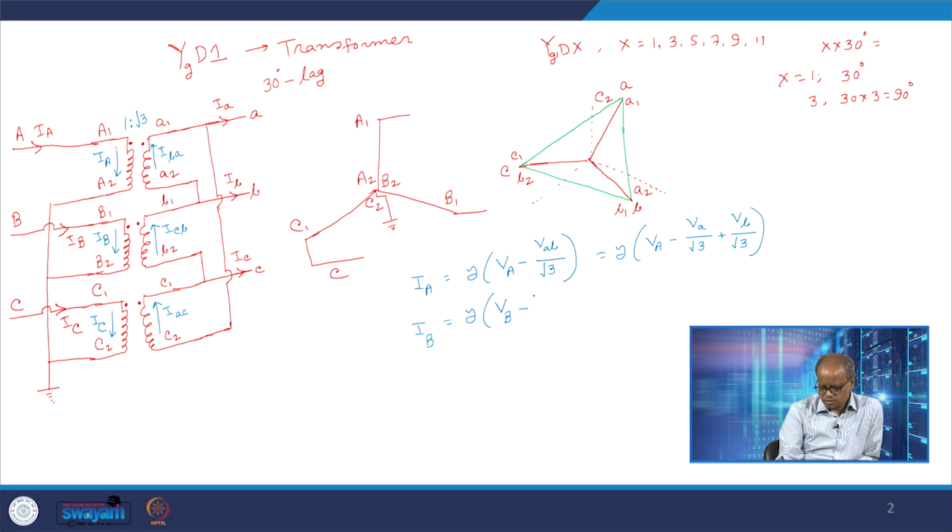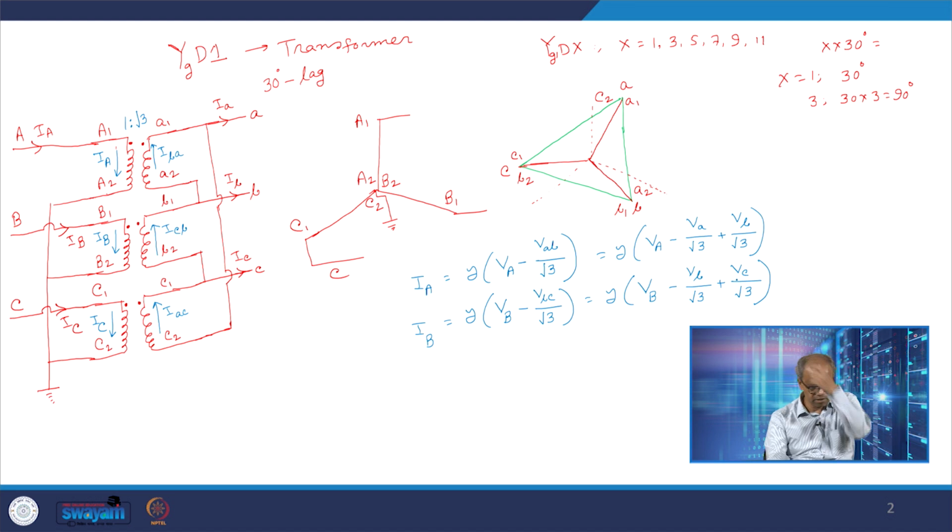So minus VBC by root 3 is equal to y into (VB minus VB by root 3 plus VC by root 3). Please note this is small c, so it denotes the voltage at the secondary side.